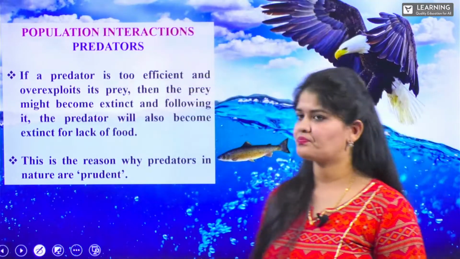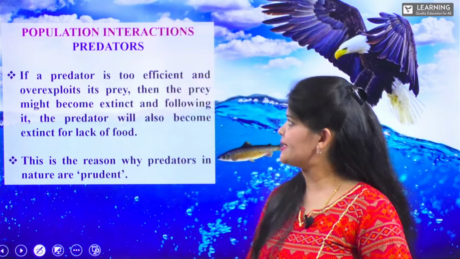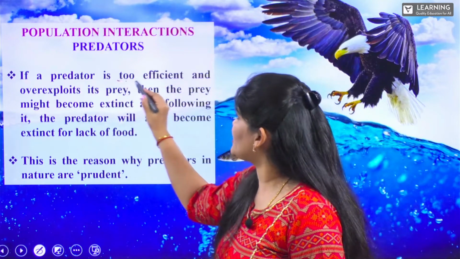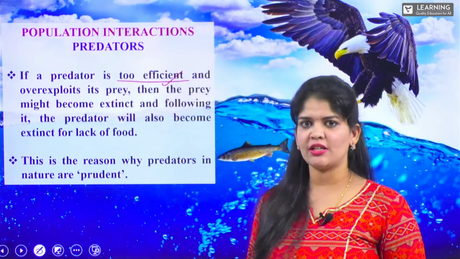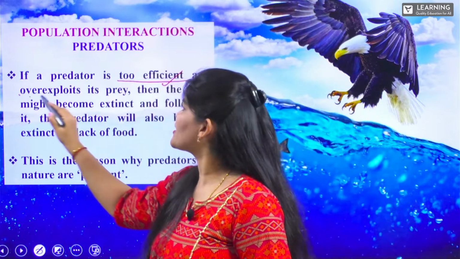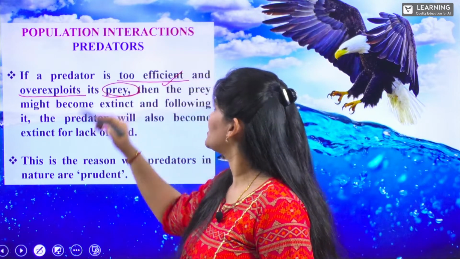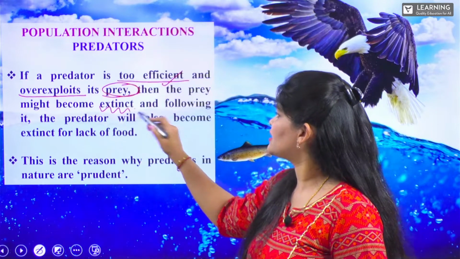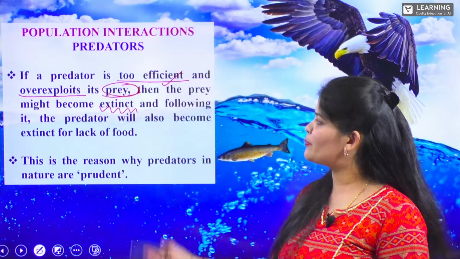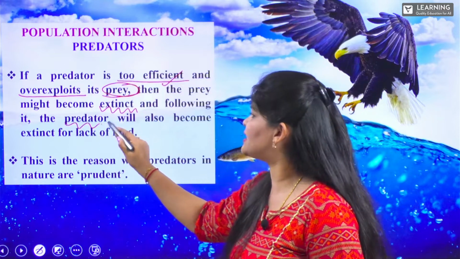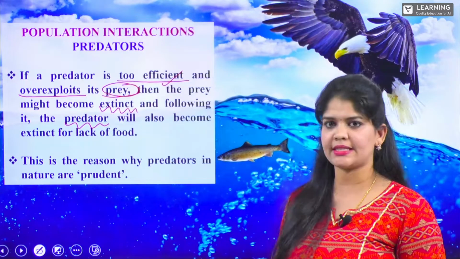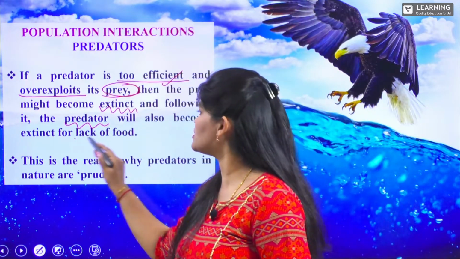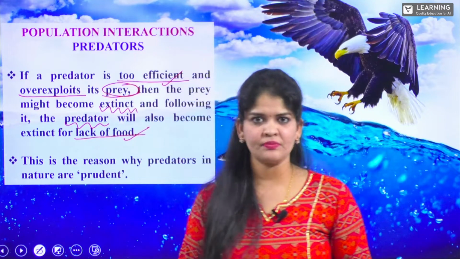Now, if a predator is too efficient, very potent, and overexploits its prey, then the prey might become extinct. And following it, the predator also will become extinct for the lack of food, because it doesn't find food.